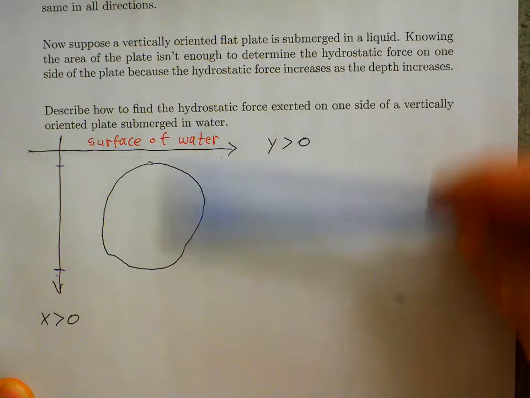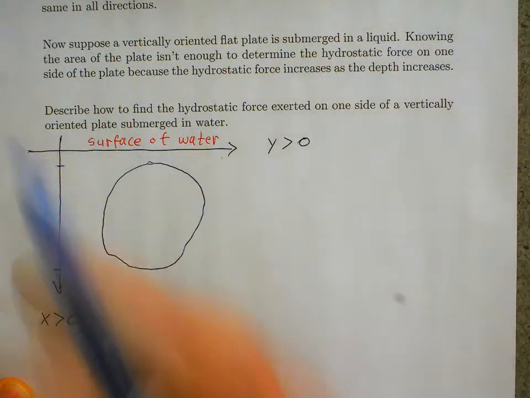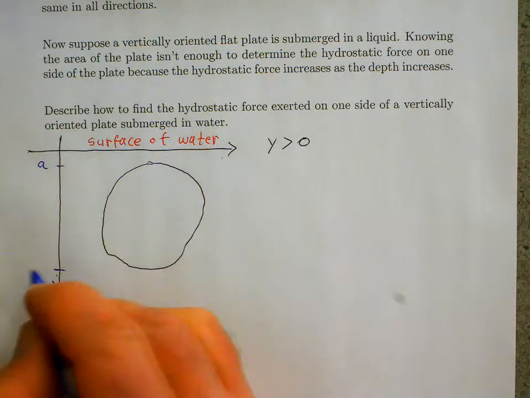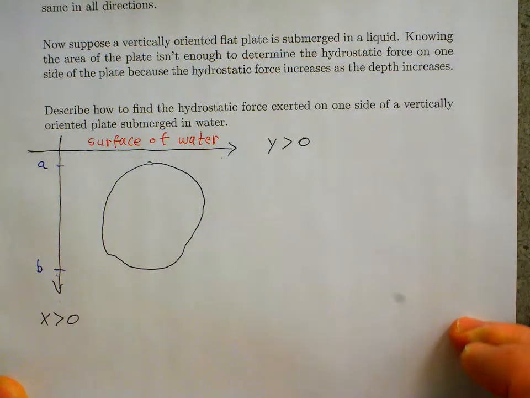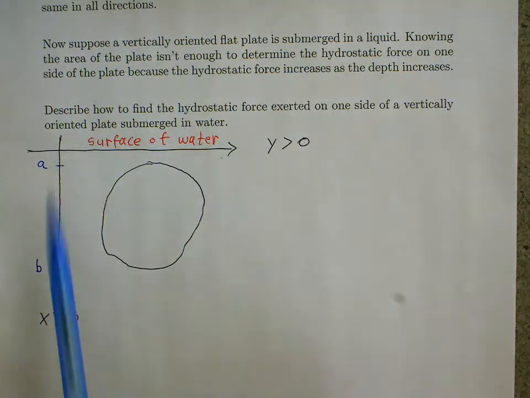The plate corresponds to two x values. I'll call those values A and B. And we're going to subdivide the interval from A to B into n subintervals.